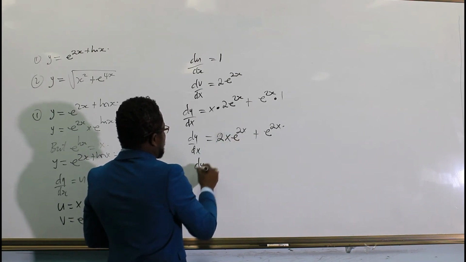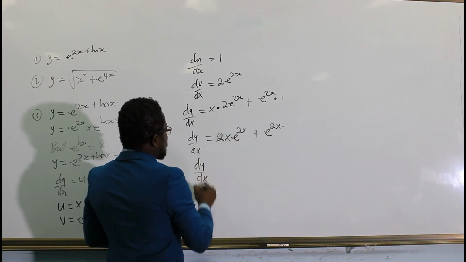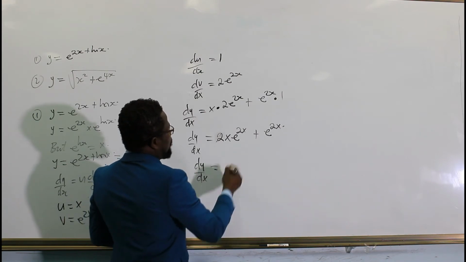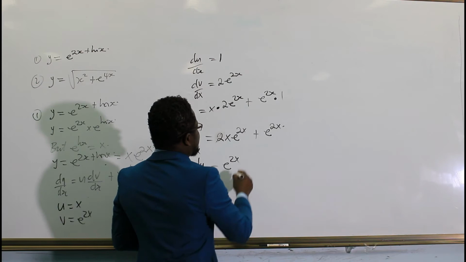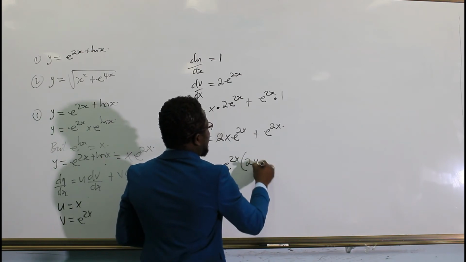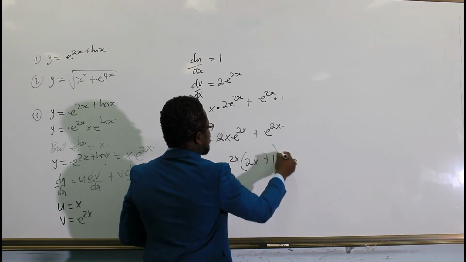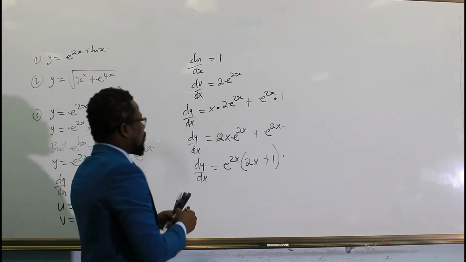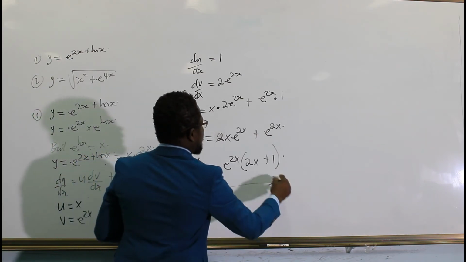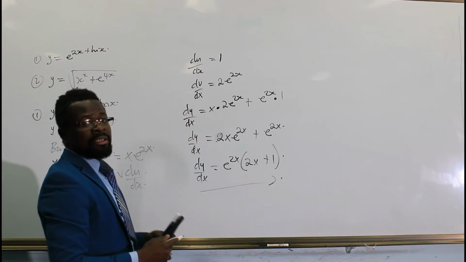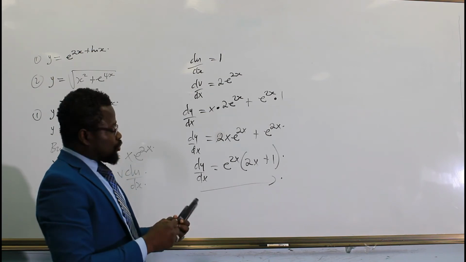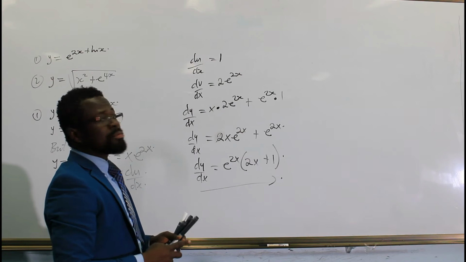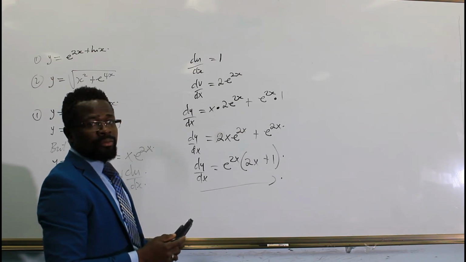If I factor it out, dy/dx gives me e exponent 2x times (2x plus 1). That becomes the derivative of the function that we were given for number 1. Now let's try and solve question number 2.